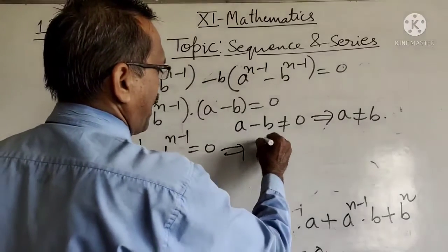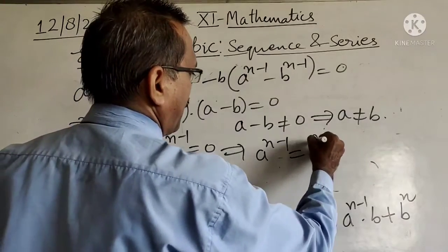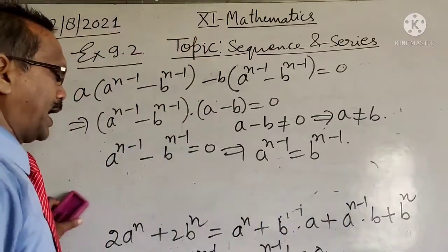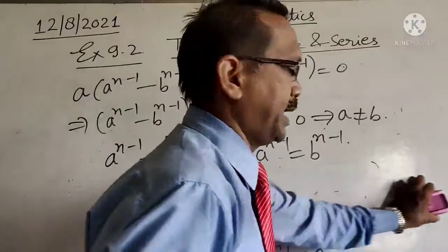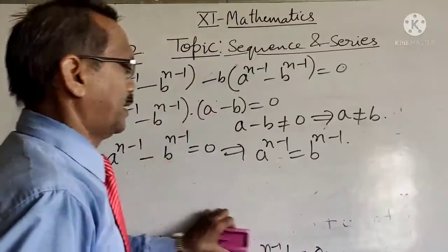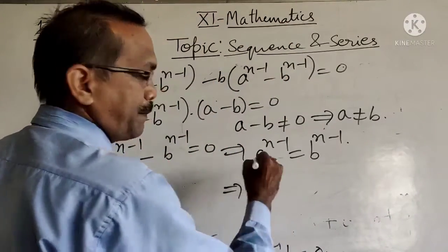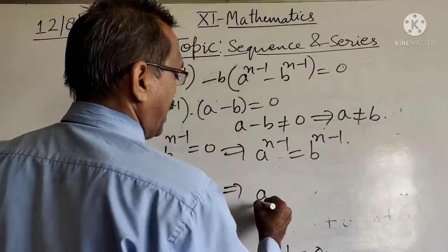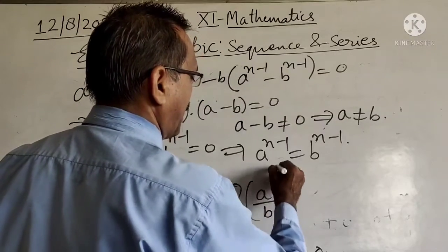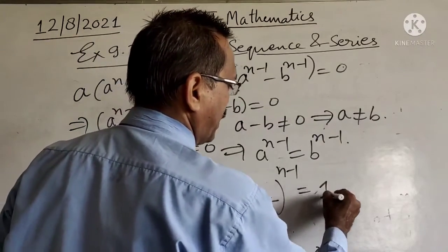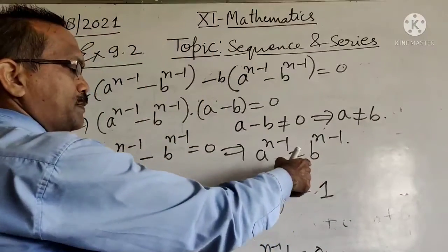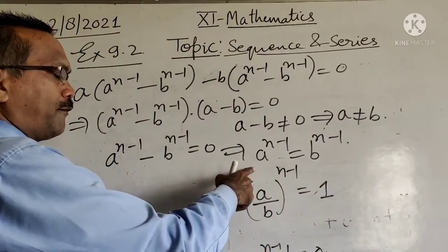From this, a power n minus 1 equal to b power n minus 1. And we can write it as (a upon b) whole power n minus 1 equal to 1. Shifting this b to the denominator of a.